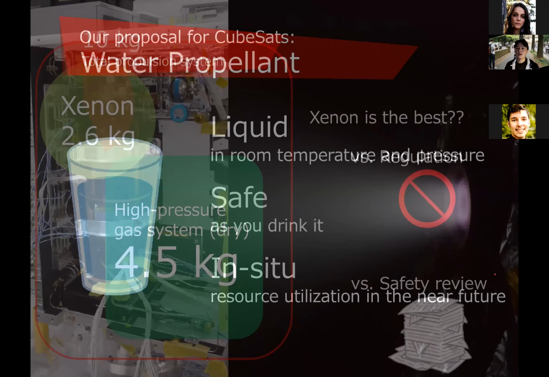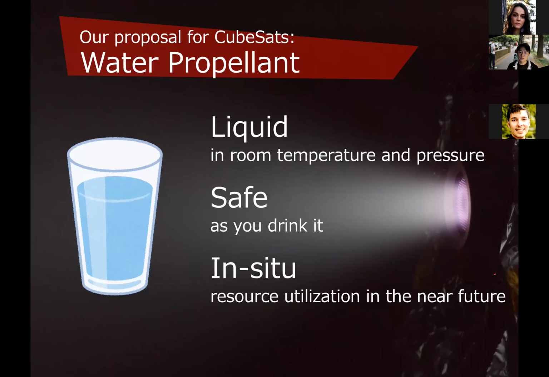So as a next step of this propulsion system, we began to focus on water propellant. Water is, as you know, a liquid at room temperature and pressure, and apparently it's very safe. And in the near future, in-situ resource utilization may be realized on the Moon or Mars.